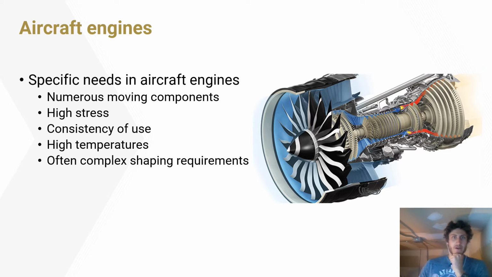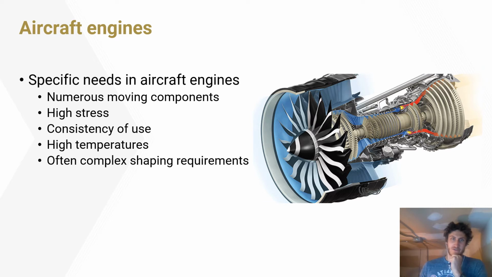The specific things you need to know about aircraft engines, if you didn't already know, is that they are incredibly complex pieces of machinery. They're feats of engineering beyond a lot of other things. There's tons and tons of moving components that are all under constant levels of high stress during use.